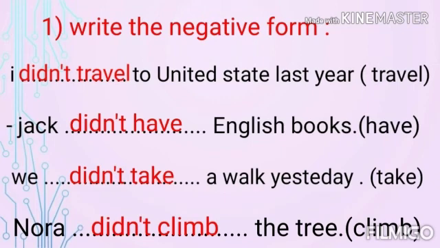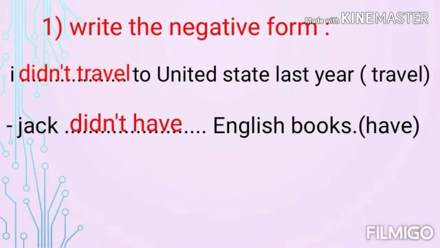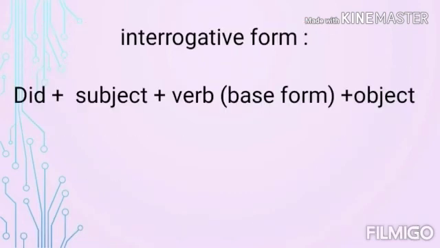So what is the simple past of verb take? It's took. So took is an irregular verb. The last verb is climb. What is the simple past of verb climb? It's climbed. Okay, we add ed at the end. So it's a regular verb. I hope you understand the lesson.